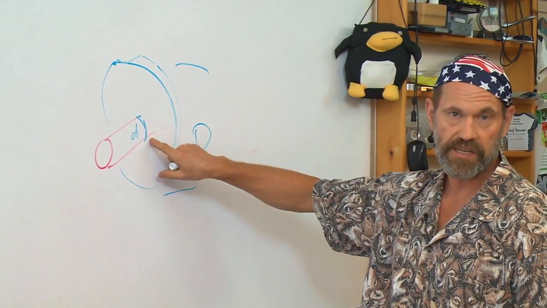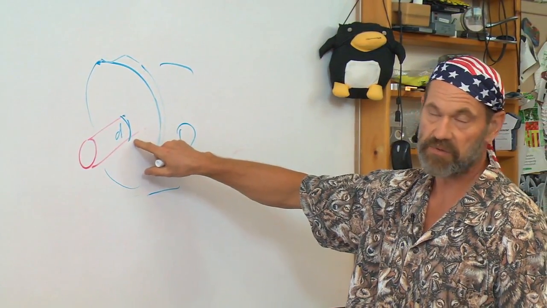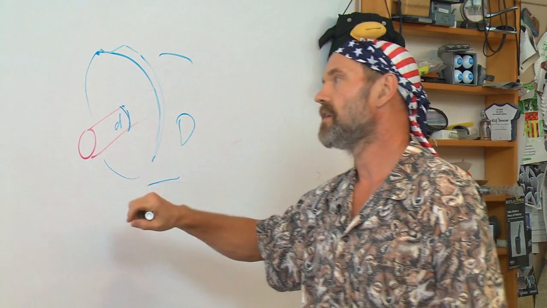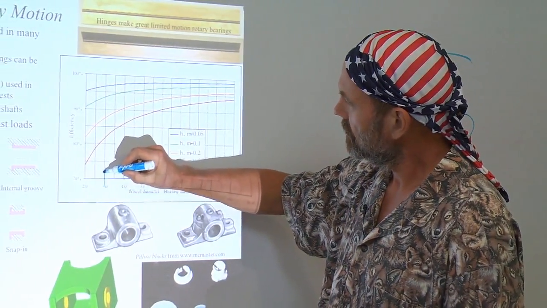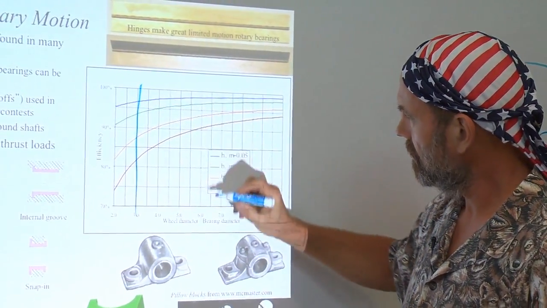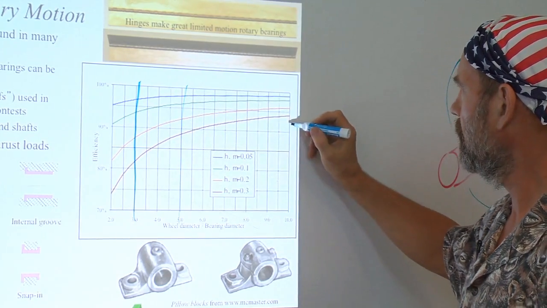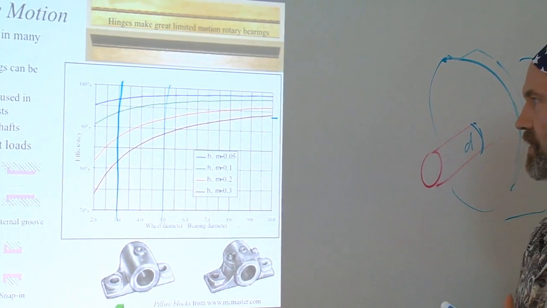I may want to use a sliding contact bearing just because it's so cheap and can withstand very, very large loads. And indeed, when the wheel diameter to the bearing diameter ratio is at 3, and here at 5, depending on the coefficient of friction.